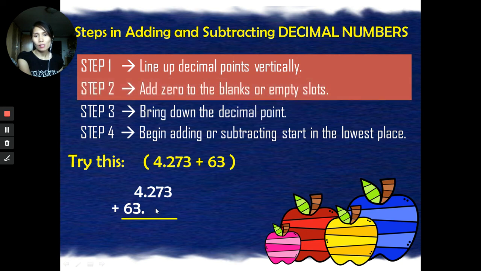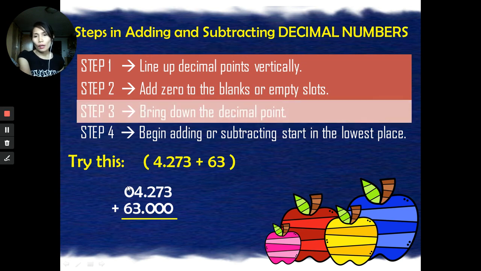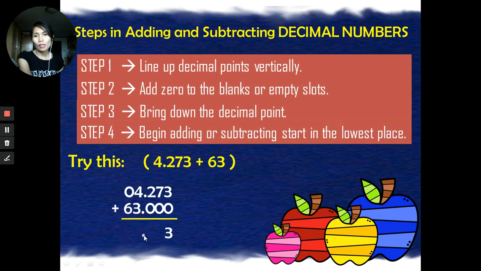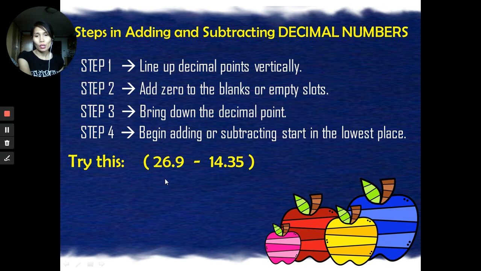So we have empty slots here, so we'll add 3 zeros in there. Actually, even if you don't put 0 here, that will be fine. But just to fill in the blanks, we'll add 0. Okay, step 3, bring down the decimal point. We have the decimal point there and begin adding. 3 plus 0 is 3, 7 plus 0 is 7, 2 plus 0 is 2, 4 plus 3 is 7, and then 0 plus 6 is 6. So that's the answer.